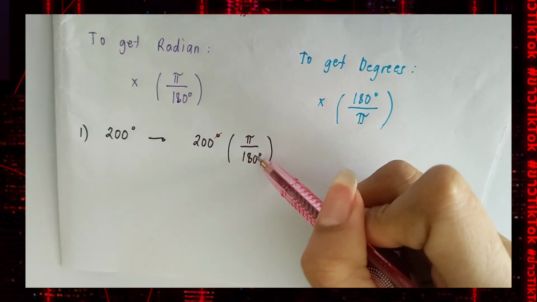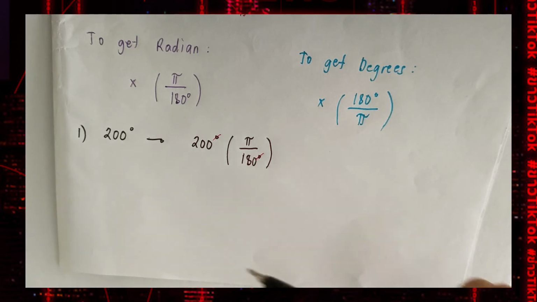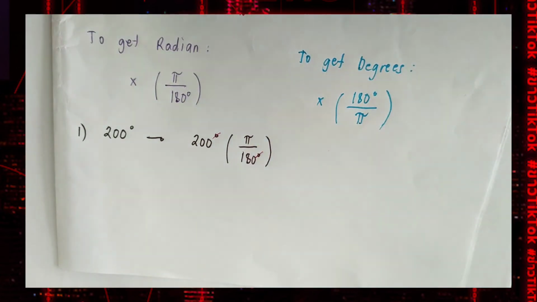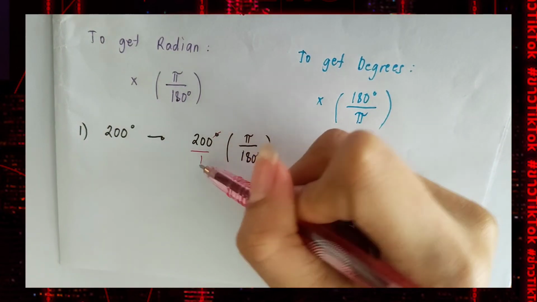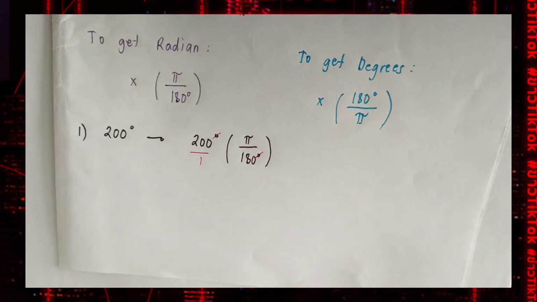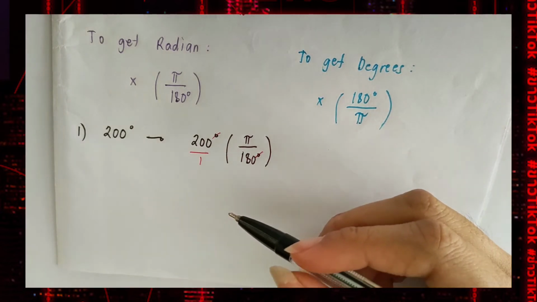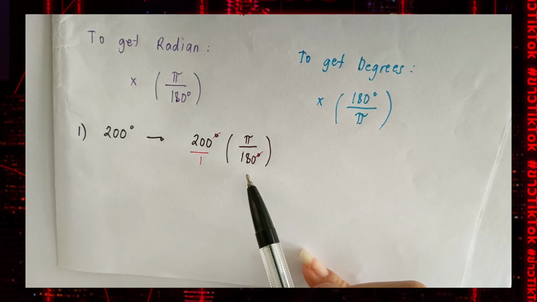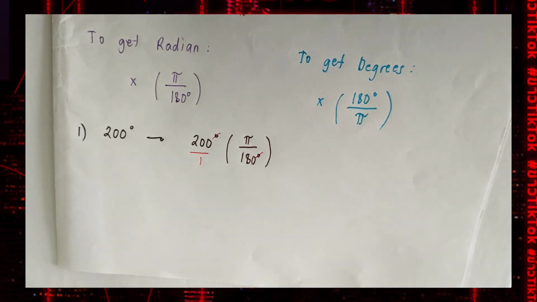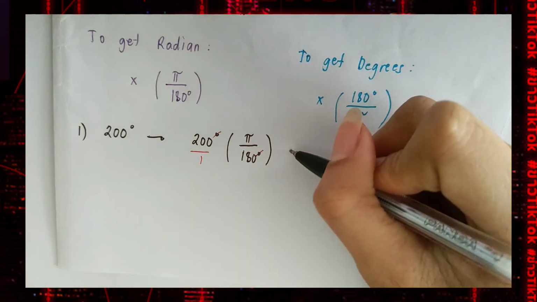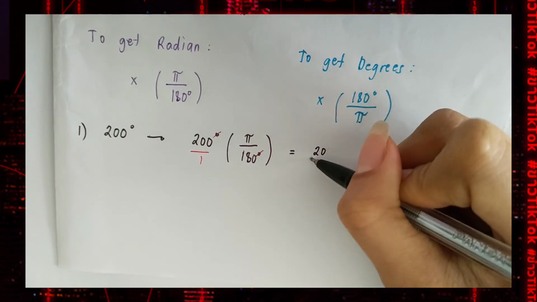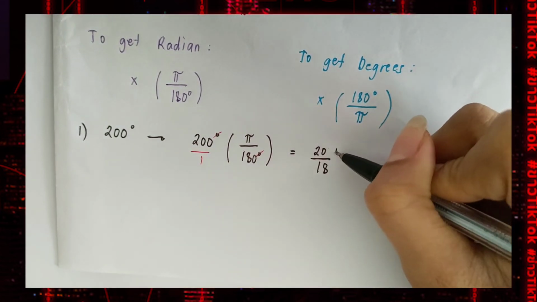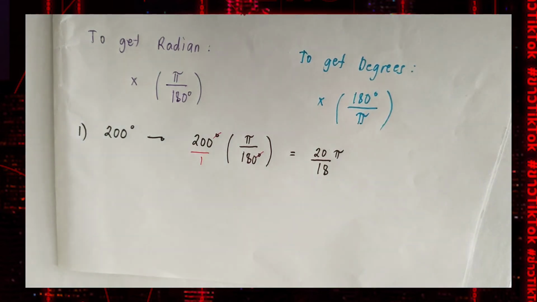Degrees will be cancelled out. There is an imaginary one here; you can either write that or not. Then we have 200 divided by 180. We can cancel them, and what's left is 20 over 18, and do not forget your pi.